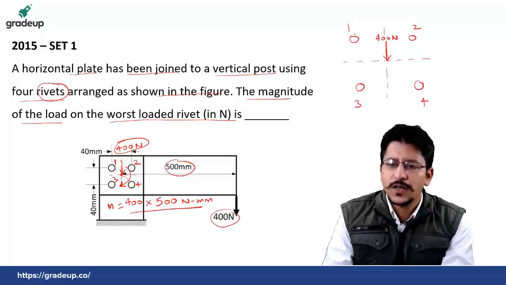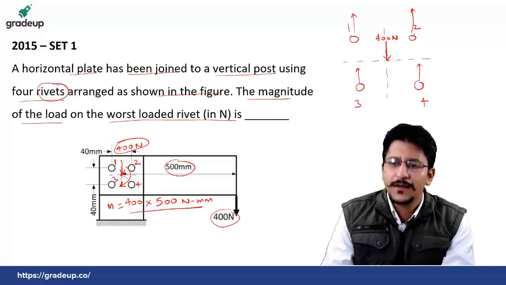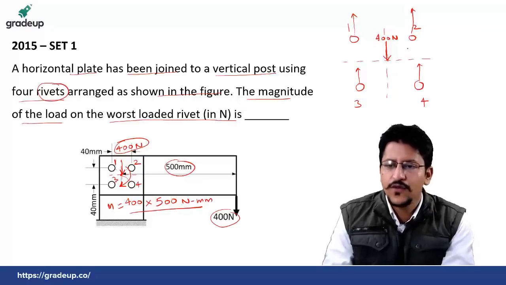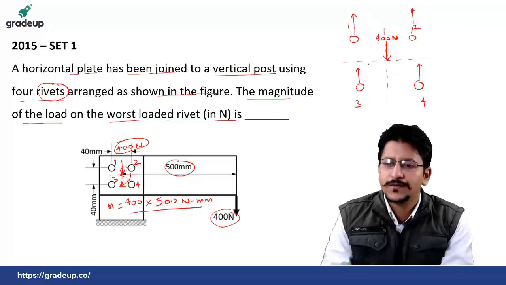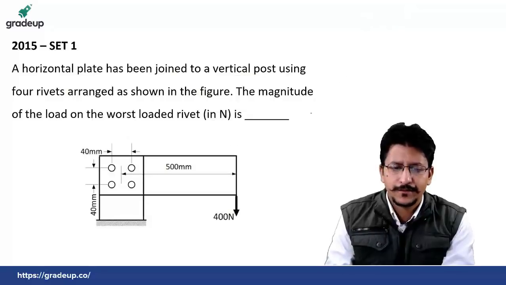So the axial load of 400 Newton will give the direct shear stress, or primary shear stress, in all the 4 rivets in this way.